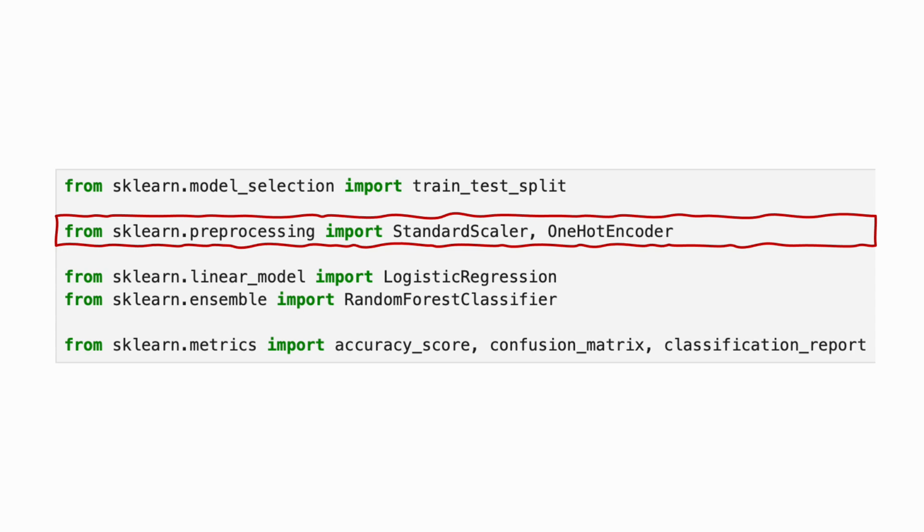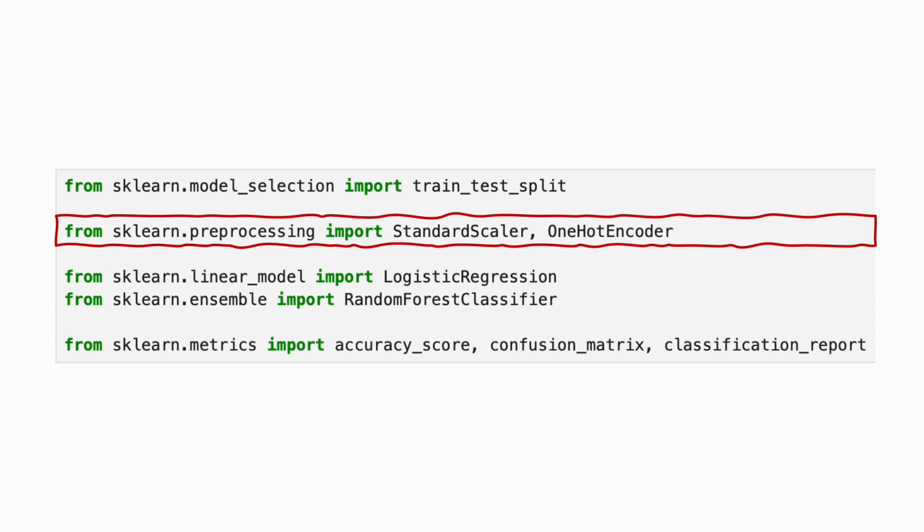Here we are importing from the preprocessing module. Preprocessing in Scikit-learn is dedicated to data preparation. We are importing two important classes here, StandardScaler and OneHotEncoder. StandardScaler is used for standardizing numerical features, scaling them so they have zero mean and unit variance, which can be beneficial for many algorithms.